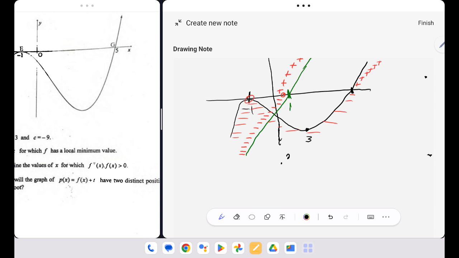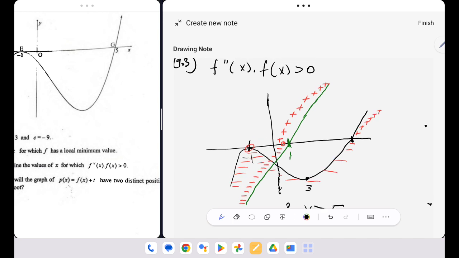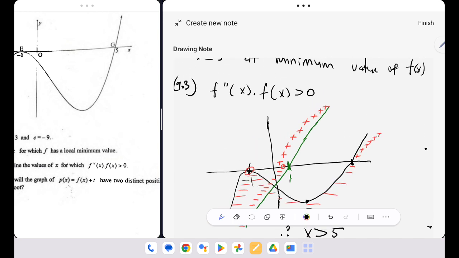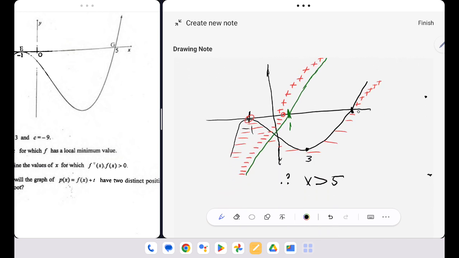So here I'll say x is greater than 5. Are you together? And then I know that when x is less than 5, my cubic function is forever positive, except when it touches the x-axis here at x is equal to 1, it becomes 0 there.